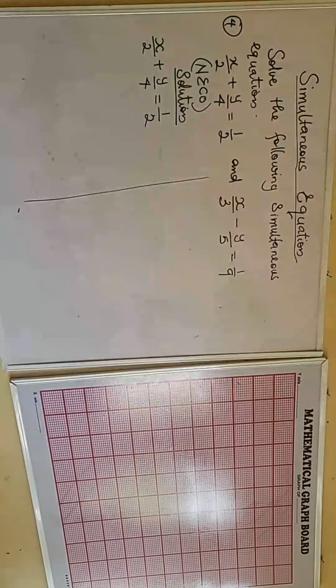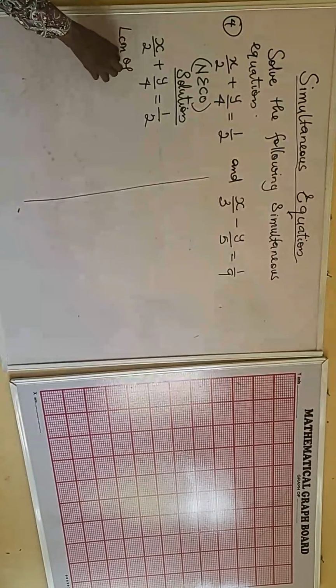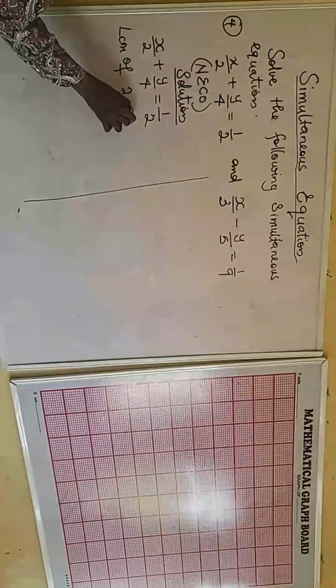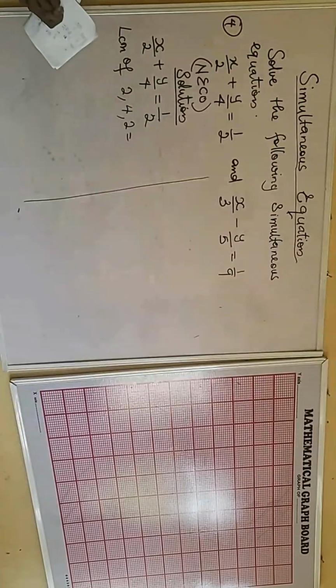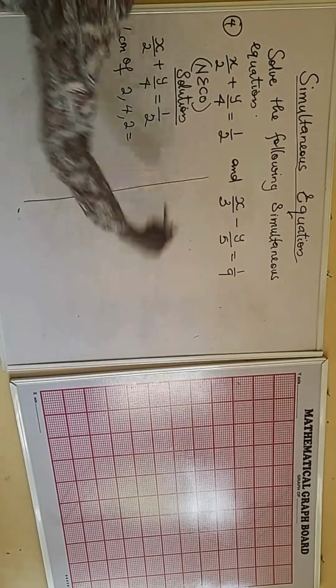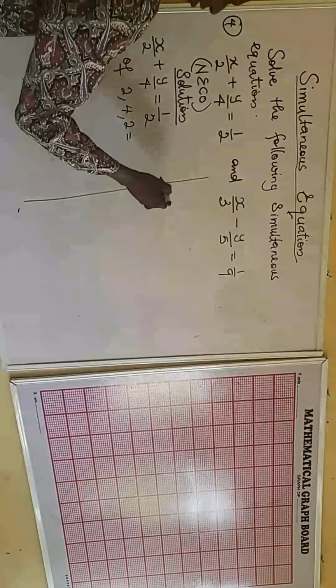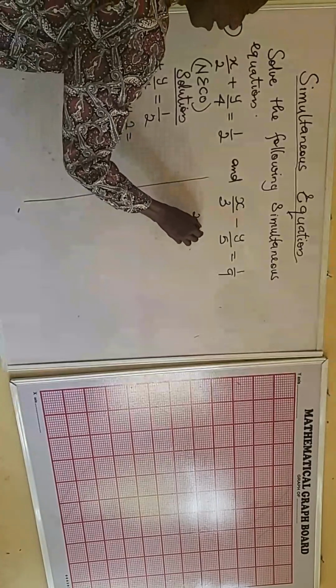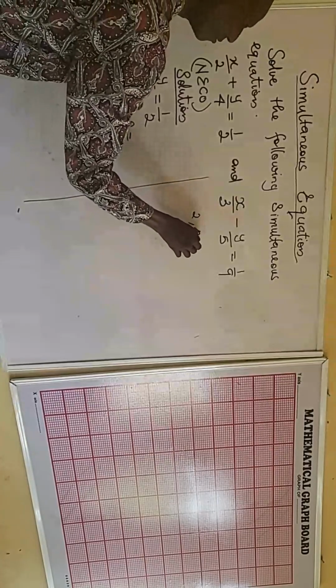You will find the LCM of the denominators 2, 4, 2. I don't know. Even if I know, I will not tell you. So we are going to solve it together. Let us go to primary school or basic 4. LCM of 2, 4 and 2.